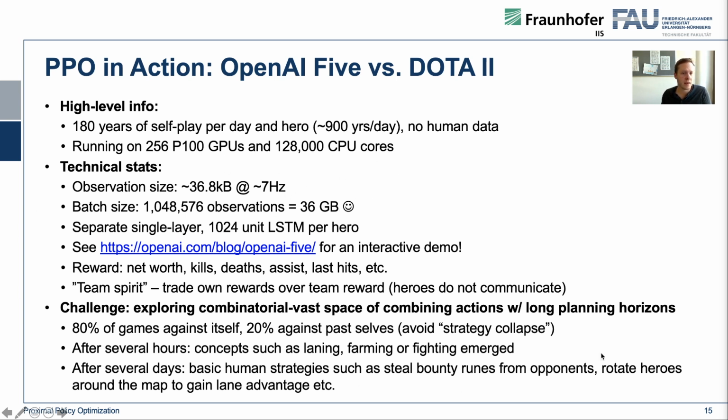These are some statistics that you can also find if you look into OpenAI Five. But you see, this is a large-scale experiment that shows that PPO not only works for smaller MuJoCo-based robotics tasks, but also for large-scale, high-dimensional image-based strategy games like Dota 2.